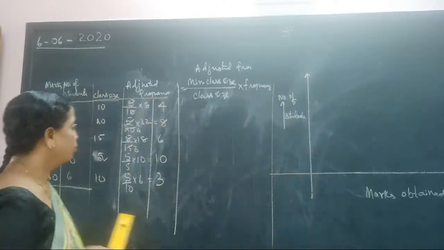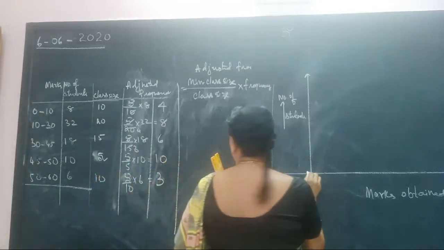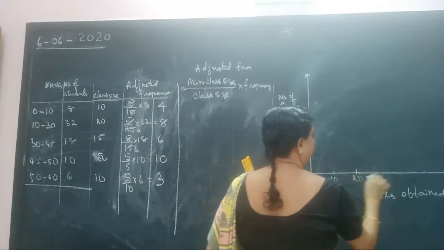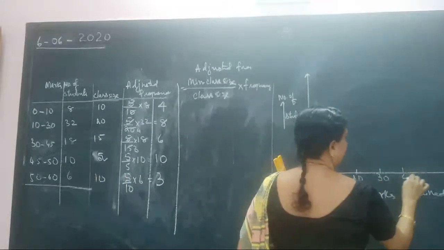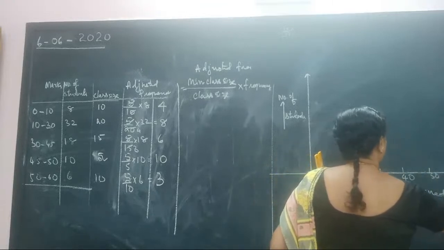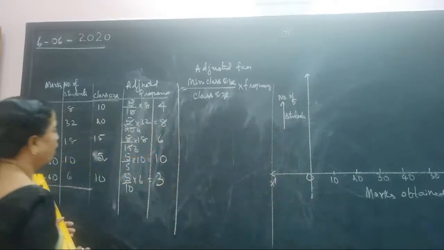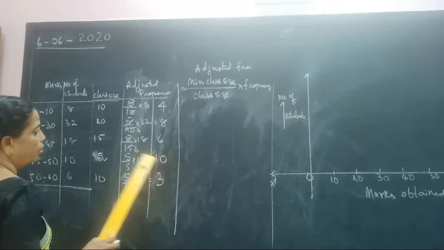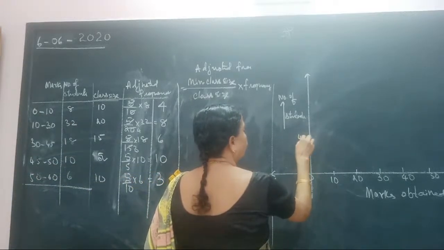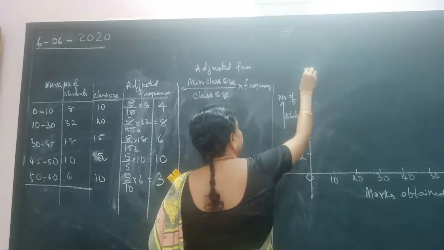It starts from 0 and ends with 60, right? 10, 20, 30, 40, 50, 60 along the x-axis. On the y-axis you have a maximum of 10, so make it 2, 4, 6, 8, 10.